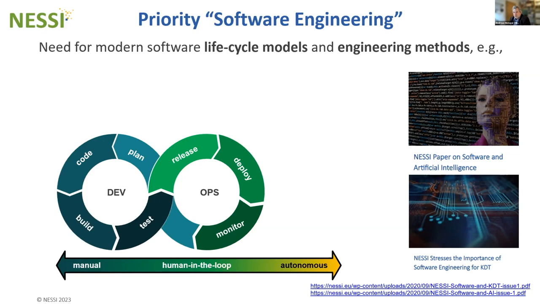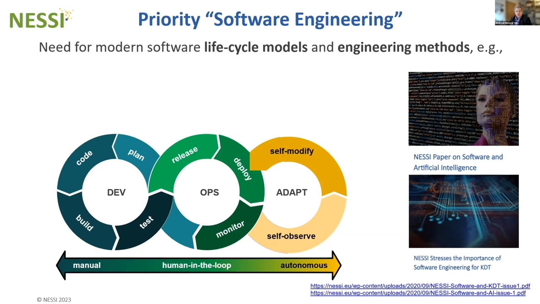And one key element is that we see a move away from the relatively modern DevOps lifecycle, widely adopted in practice, where you have a strong integration between development and operation of the systems, to a lifecycle model in NESSI we term DevOps Adapt, where the systems, the applications, are able to self-observe and self-modify in order to adapt to changing environments, changing situations, changing user requirements.